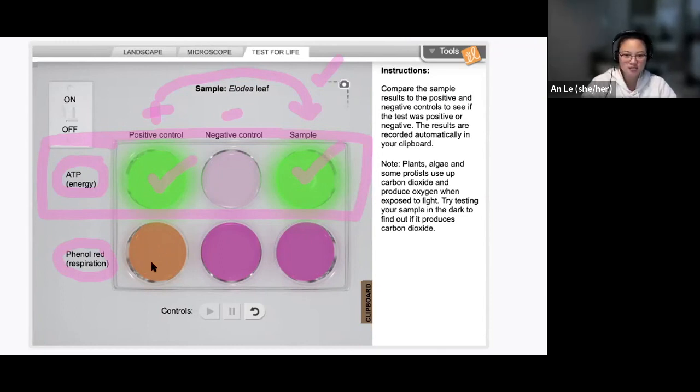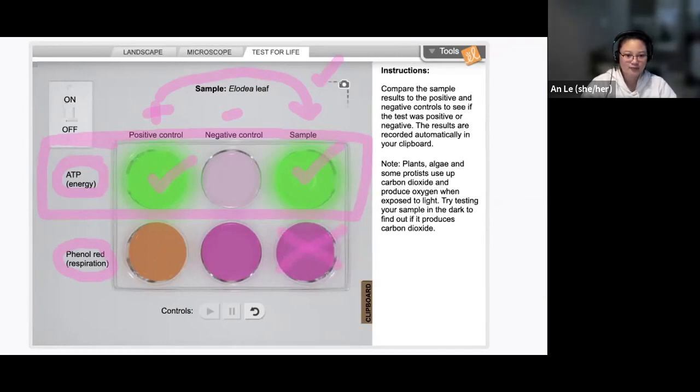And what color is that? I would be looking for an orange-ish color. That's right. We're looking for an orange-ish color. Okay, so this is a no. So I would put an X there. It does not have it.